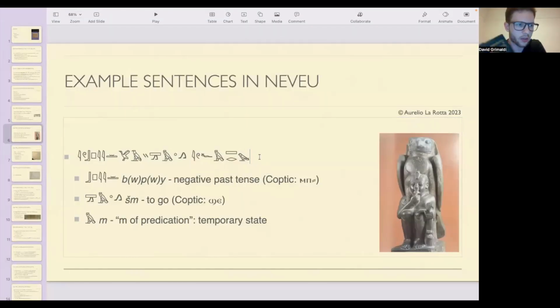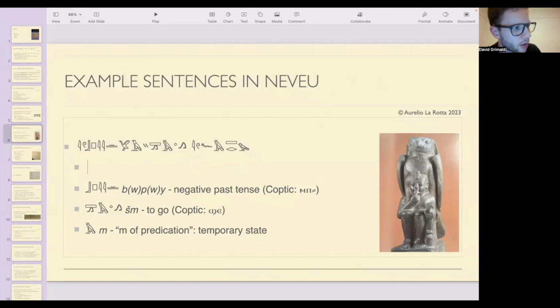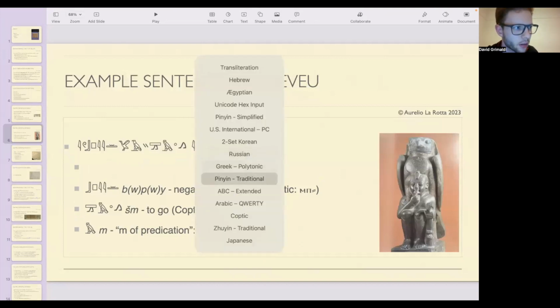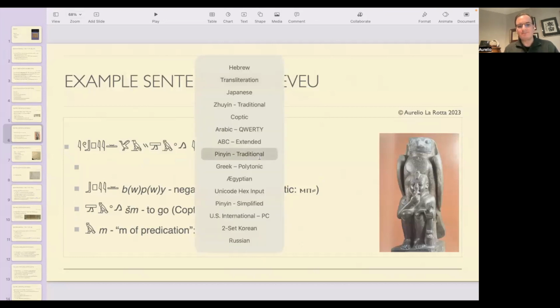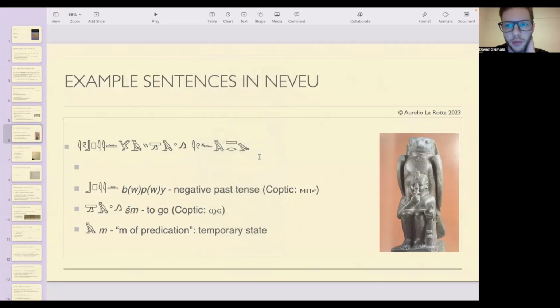Maybe you said it already, but the perfect marker in Coptic, the A, where does that come from? The A in the Coptic perfect. Not the negative, but the positive. I'd have to double check, but I thought it was some kind of form of iri, if I'm not mistaken.